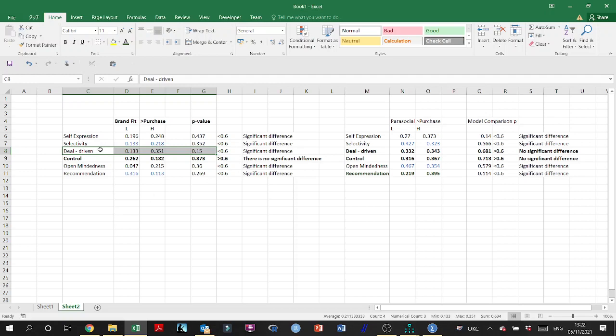We have yet to understand how and why selectivity on both of these. When I am very picky on selecting who I am working with and who I am following, apparently the parasocial relationships don't necessarily have the higher impact from parasocial to purchase. So this is quite interesting. Like, I am very picky about the person that I'm following. I'm very selective.